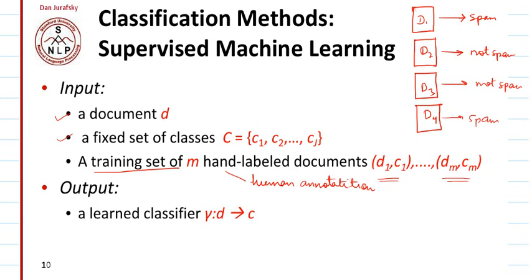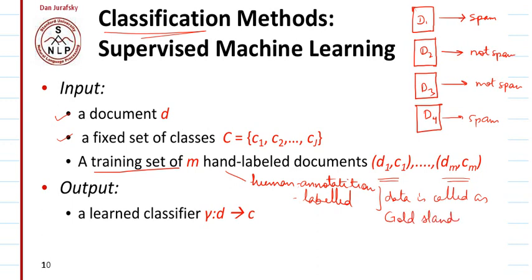This is a prerequisite of any classification method: the data has to be labeled, annotated by humans. And data obtained through human labeling is called gold standard data, which is assumed to be the highest quality of labeled data.